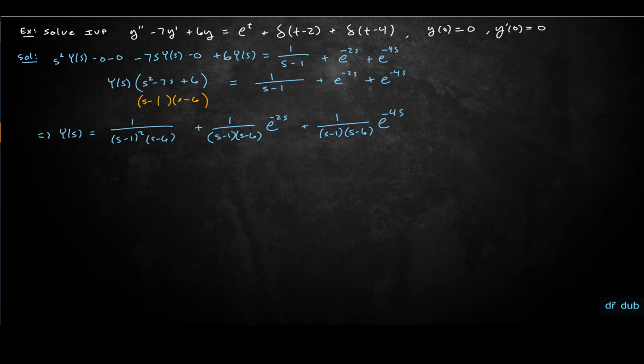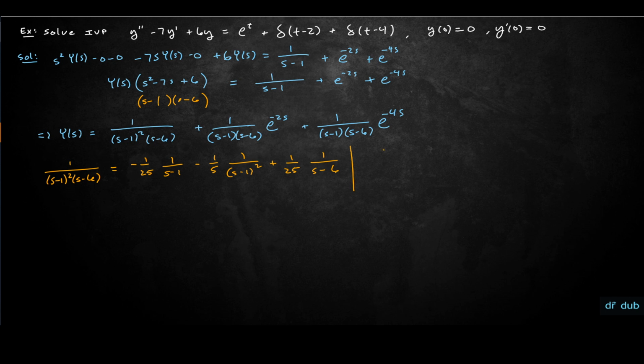So 1 over (s minus 1) squared times (s minus 6) turns out to be negative 1 over 25, 1 over s minus 1, minus 1 over 5, 1 over (s minus 1) squared, plus 1 over 25, 1 over s minus 6.